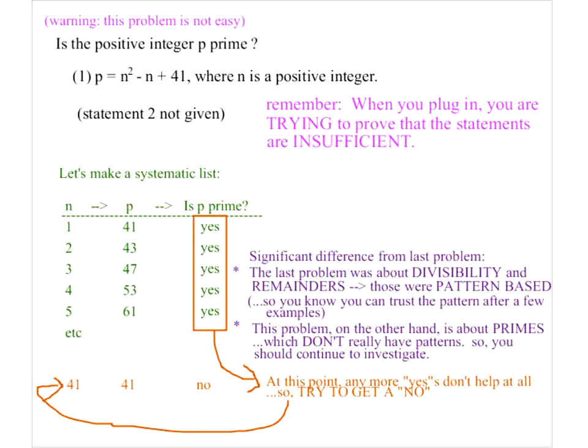If you have any multiple of 41, then you'll get a no, because if you plug in any multiple of 41 for n, then you'll be able to factor a 41 out of this expression. So that's, sorry, P is not 41, P is 41 squared. And that's not a problem. So the difference here is you absolutely will not happen upon this solution by just plugging stuff in.